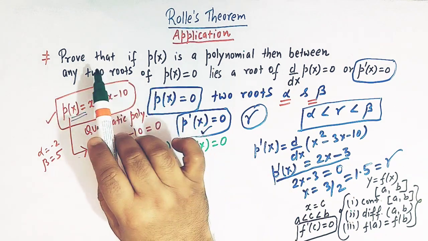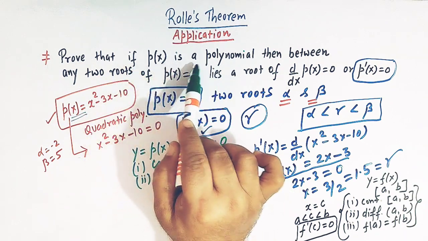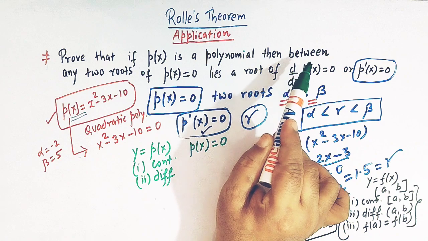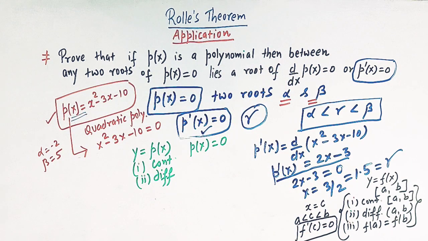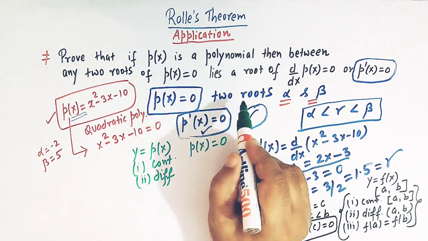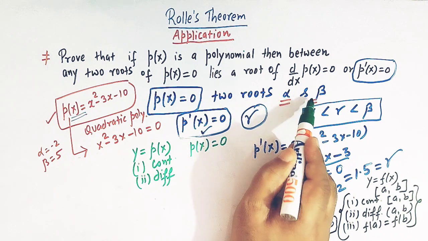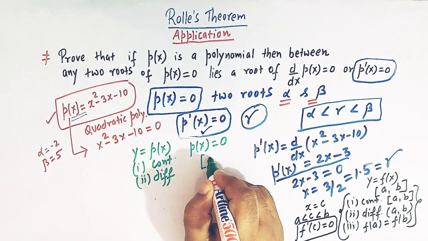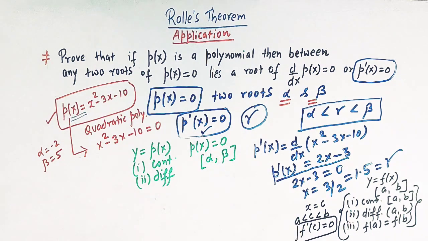So this problem says that if p of x is a polynomial, then between any two roots of p of x is equal to 0, let us assume that p of x is equal to 0 has two roots, alpha and beta. So let us form the interval alpha comma beta.